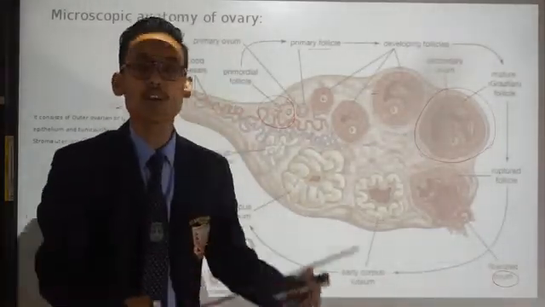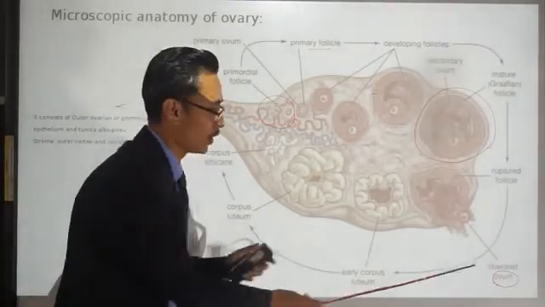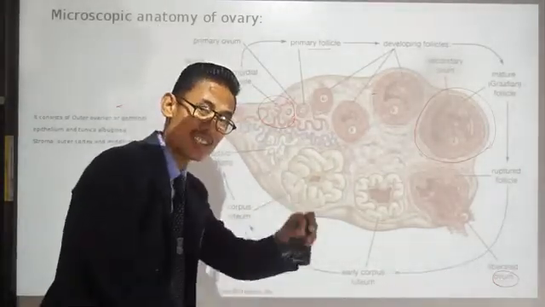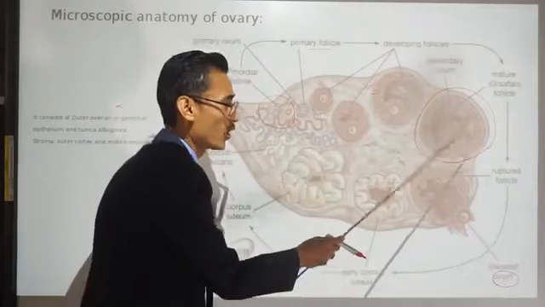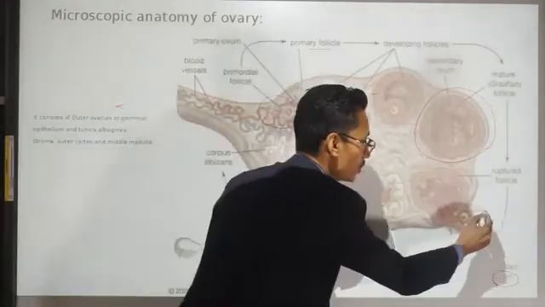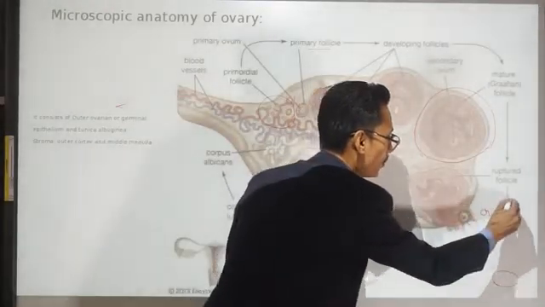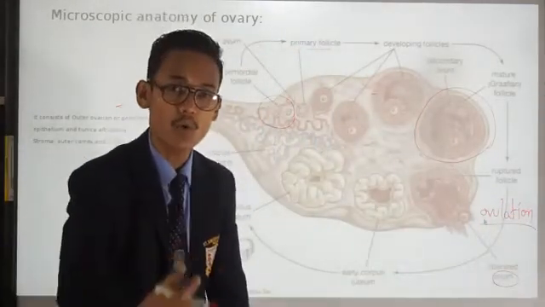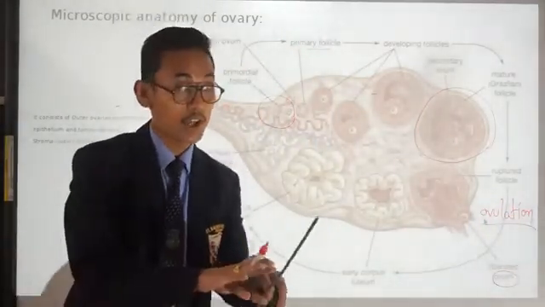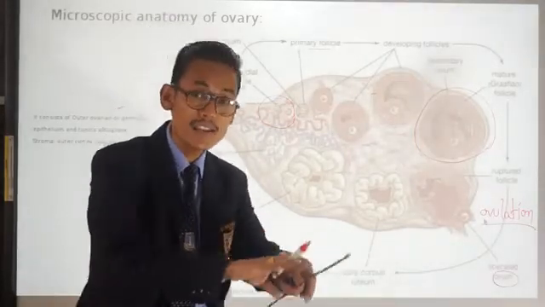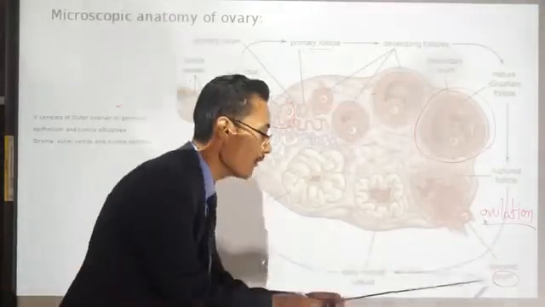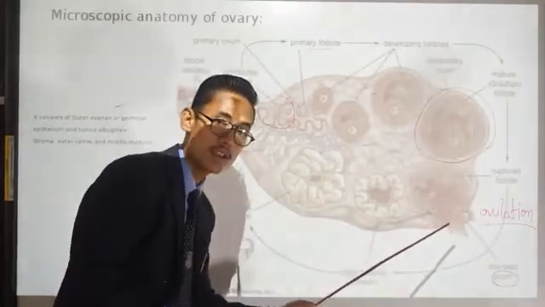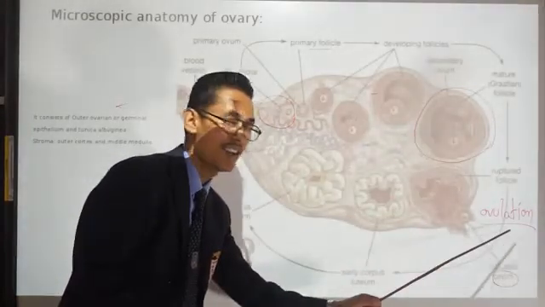Therefore, the release of the ovum or the secondary oocyte from the Graafian follicle is known as ovulation. What do we call it? We call it ovulation.